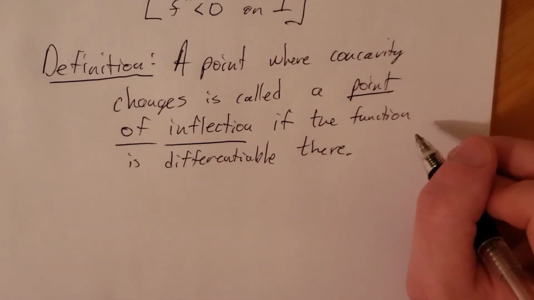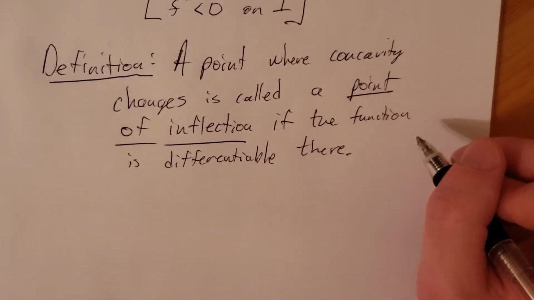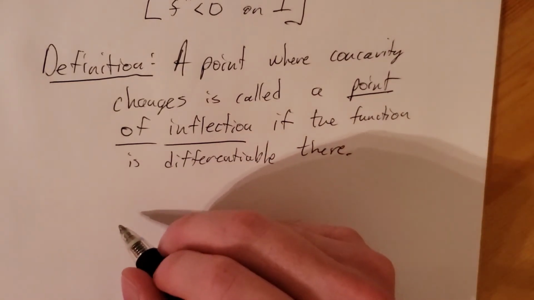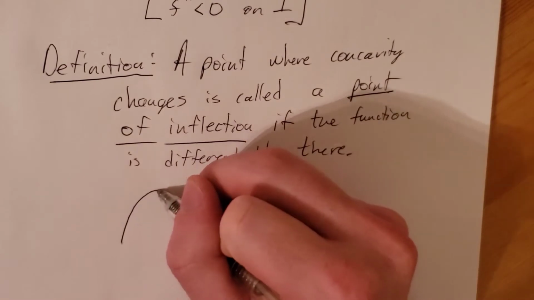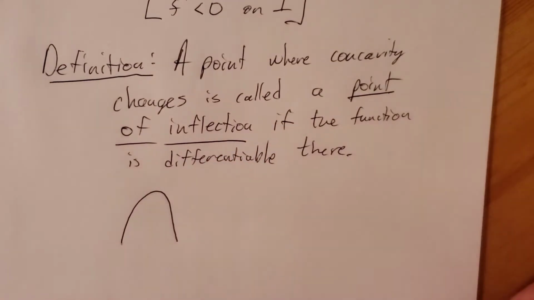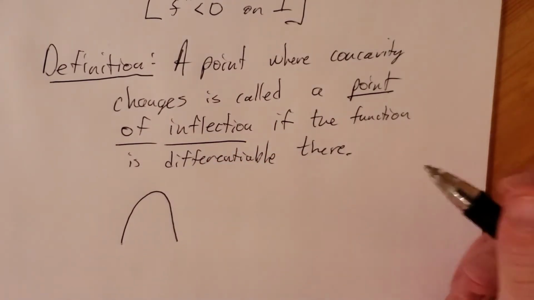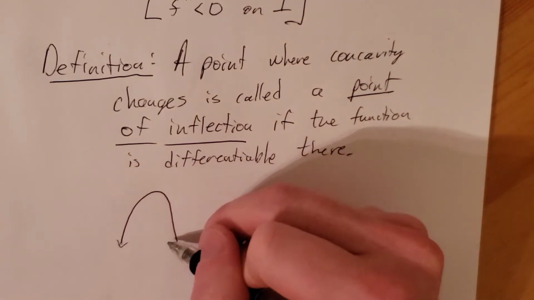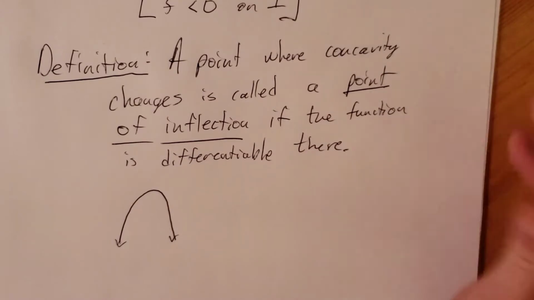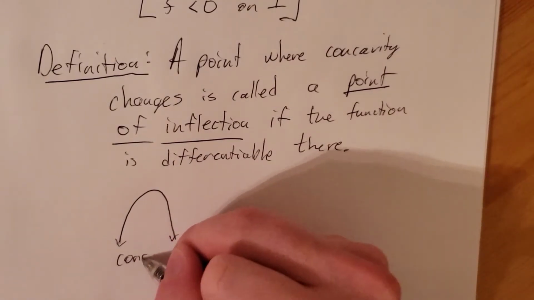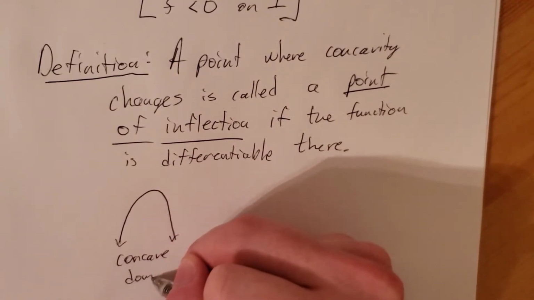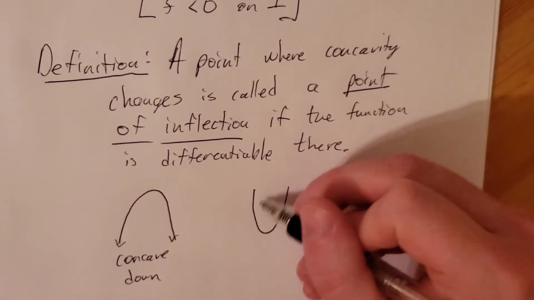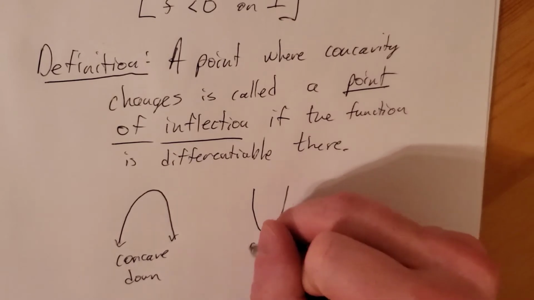All right. And then real quick, let's draw a picture. So in general, concave down looks like this. So we can think of it as a cup open downward. Concave up is like a cup open upward, so the water would stay in the cup.